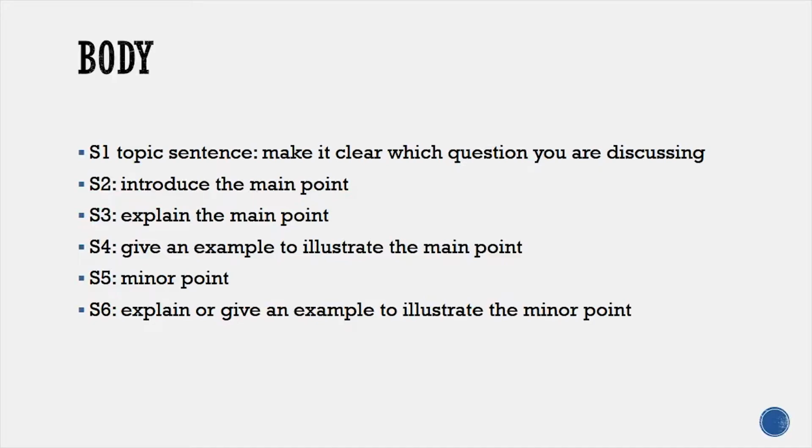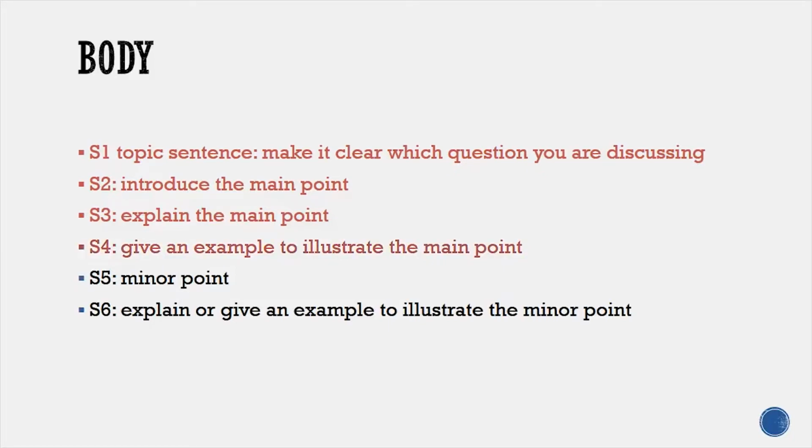Now, turning to the body of the essay, we're going to have 6 sentences in our first body paragraph. The first sentence is the topic sentence. This makes it clear which question you are discussing. The second sentence will introduce the main point. The third sentence will explain the main point.